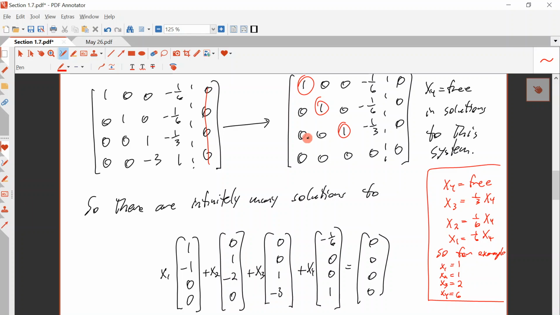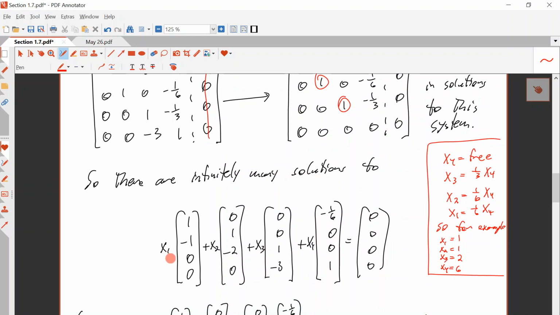Right, so if this is 1, 1, 2, 6, the first row gives you 1, minus 1, 0. Second row gives you 1, minus 1, plus 0, plus 0, 0. Third row is 0, minus 2, plus 2, 0, 0.